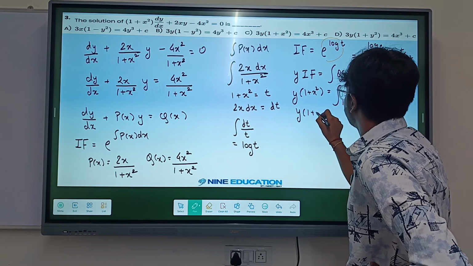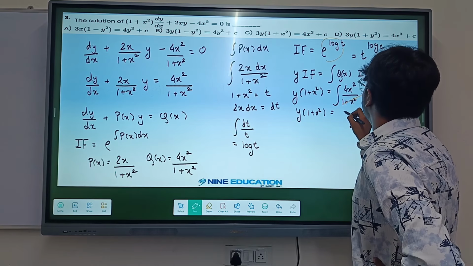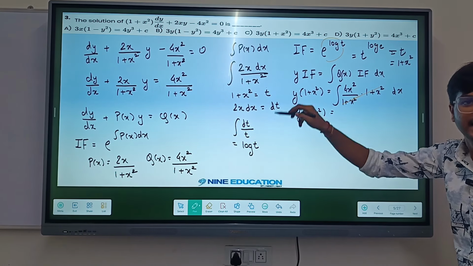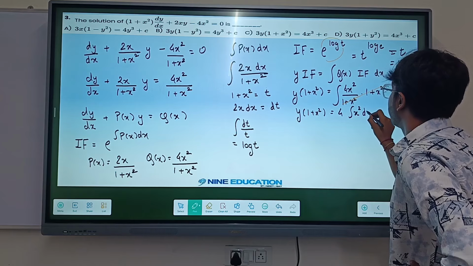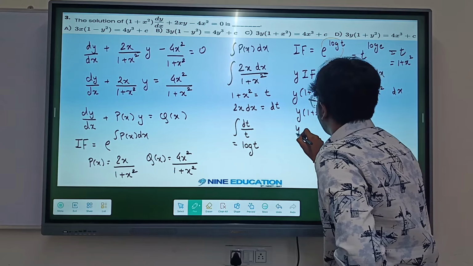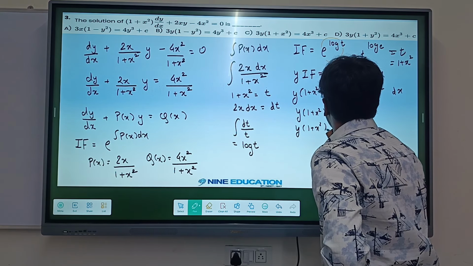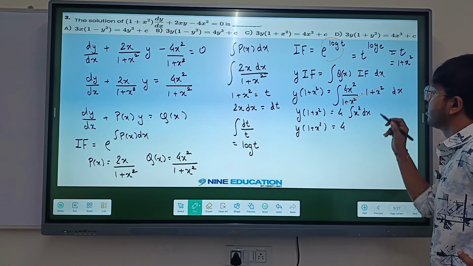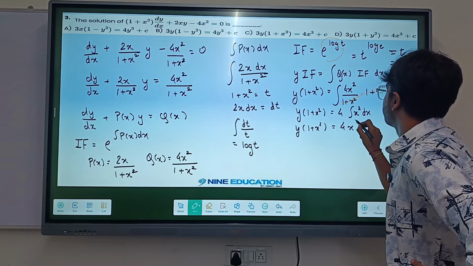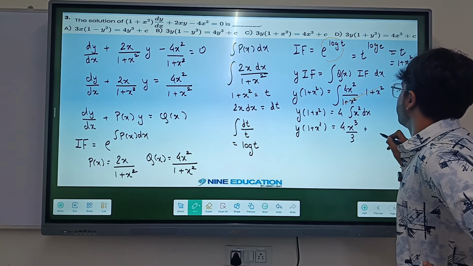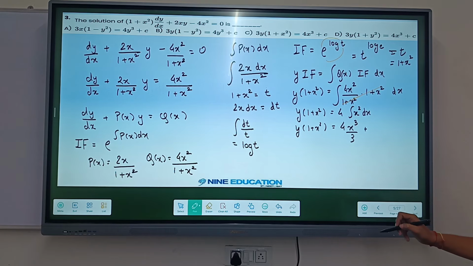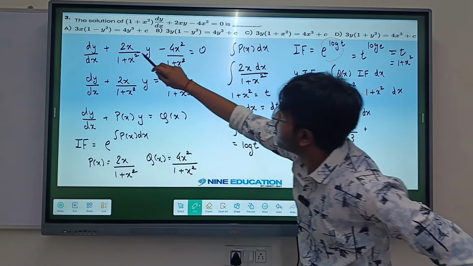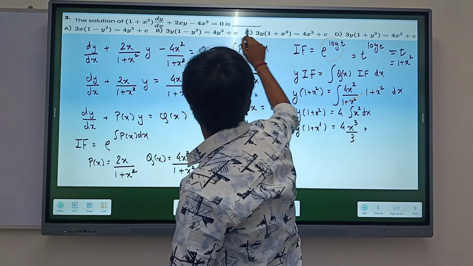So y into 1 plus x square equal to, 4 is a constant, I can take it outside of the integration, 4 integration of x square dx. So y into 1 plus x square equal to 4 times, what is the integration of x square? x cube by 3 plus, since I am doing indefinite integration, I should also add a constant. Now if you look at the options, there is a 3 on the left hand side.